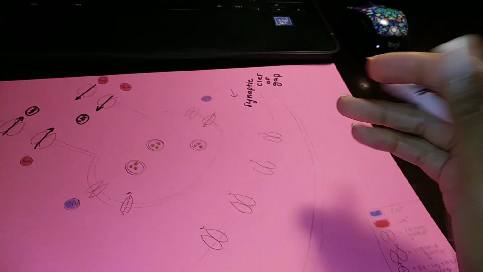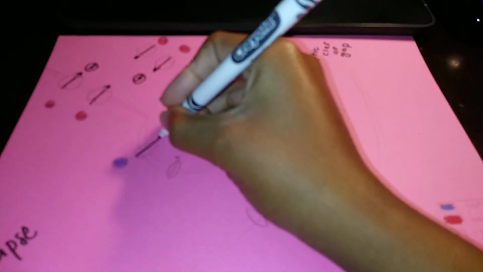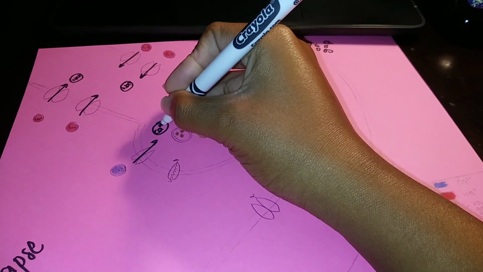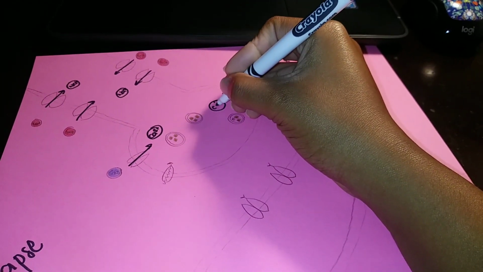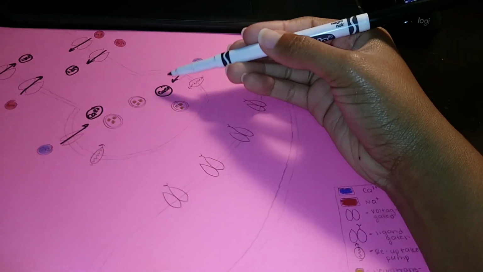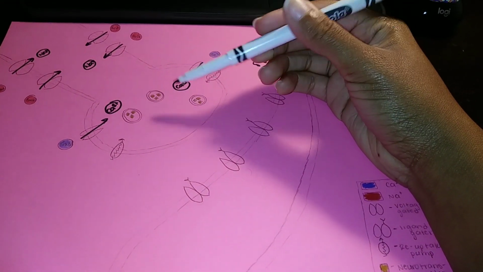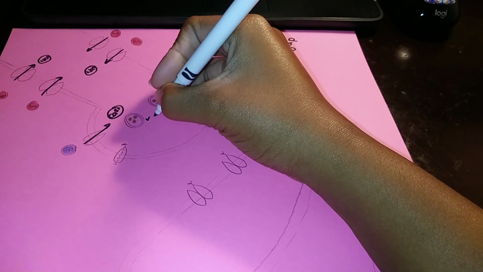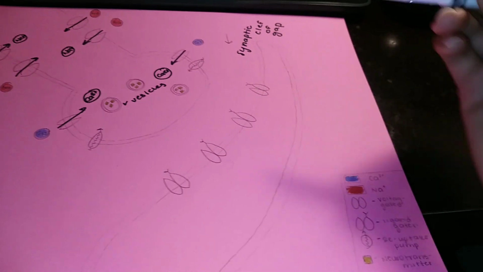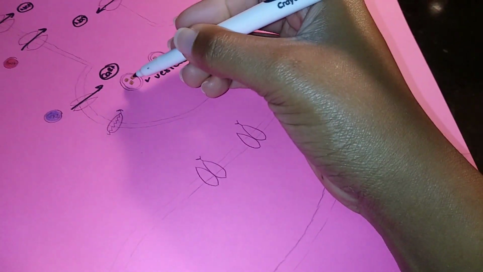That's going to make these calcium molecules, Ca2+, go inside the neuron. Once these are moved inside of the neuron, these vesicles will dump out the neurotransmitters. These green ones, I call them green squares.